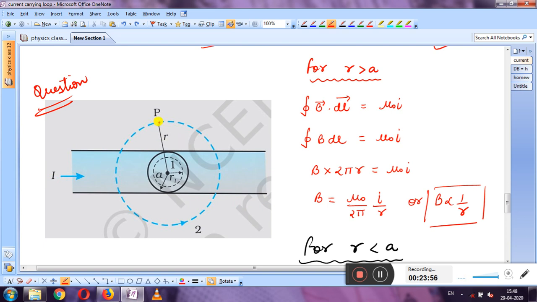One point we are considering outside the wire, and one point inside the wire. The radius of the cross section of the wire is a, and first of all we will try to find out the magnetic field due to this straight current carrying conductor at a point which is outside.